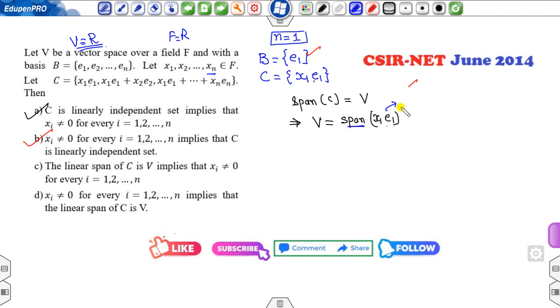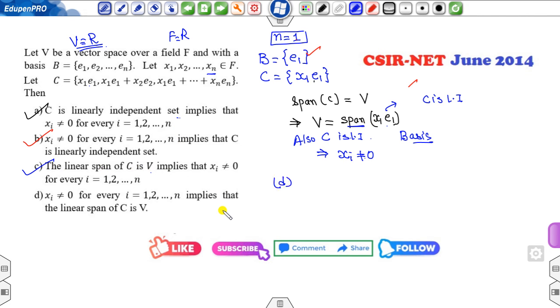Also, this set C is linearly independent, fine. Also, we proved that C is linearly independent. If C is linearly independent, what does it mean? Xi is non-zero, so that means it is true. Because it is a span and linearly independent, this means these are my bases. That means again by the first part, it's a correct statement.